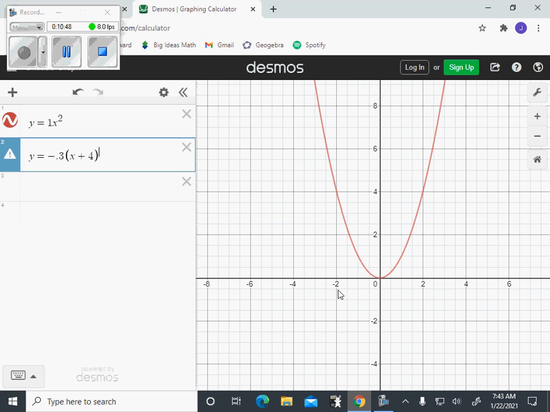It's going to flip over that x-axis. That 0.3 is going to make it wider than our original graph, right? So it's going to be a vertical shrink. It's x plus 4, so it's going to go to the left 4, and I'm going to say plus 2. It's going to go up 2. So our vertex is now negative 4, 2.